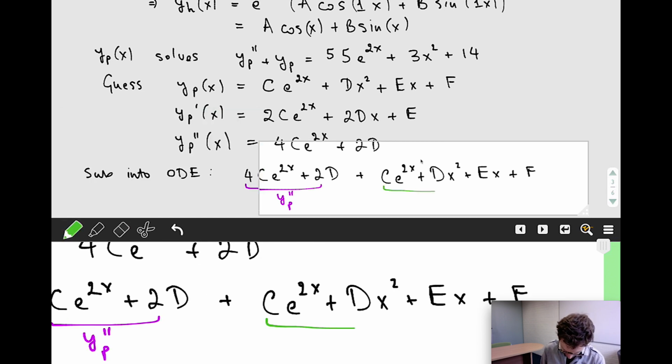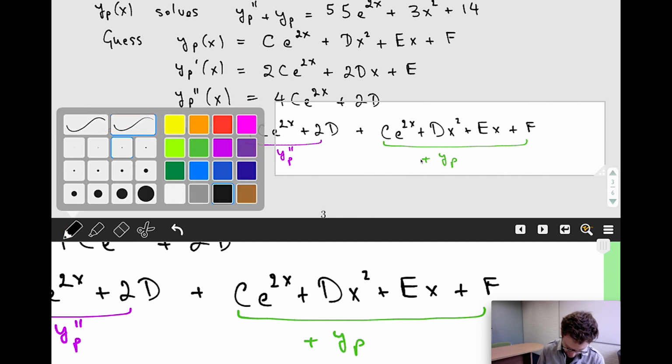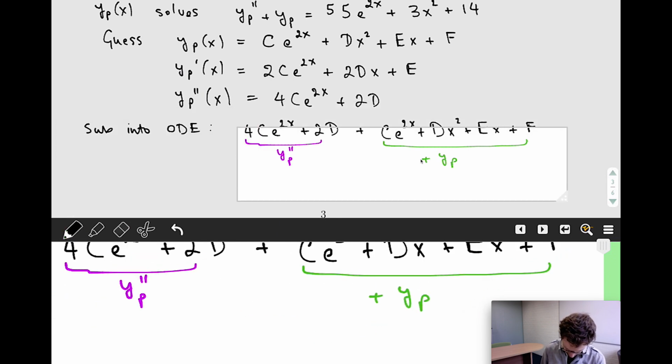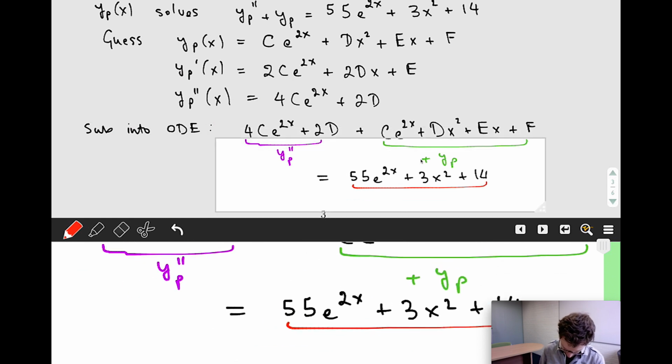And all of this has to be equal to my right-hand side, 55 e to the 2x plus 3x squared plus 14. So this whole thing here is r of x.